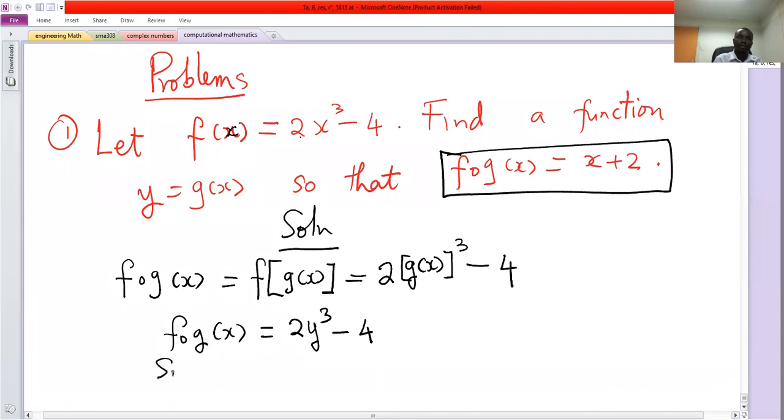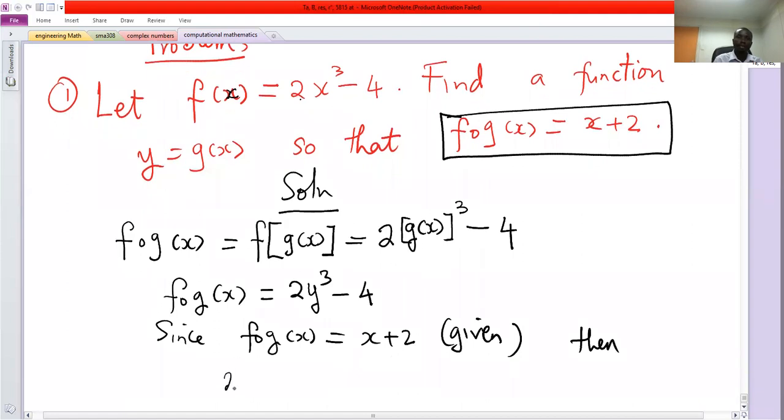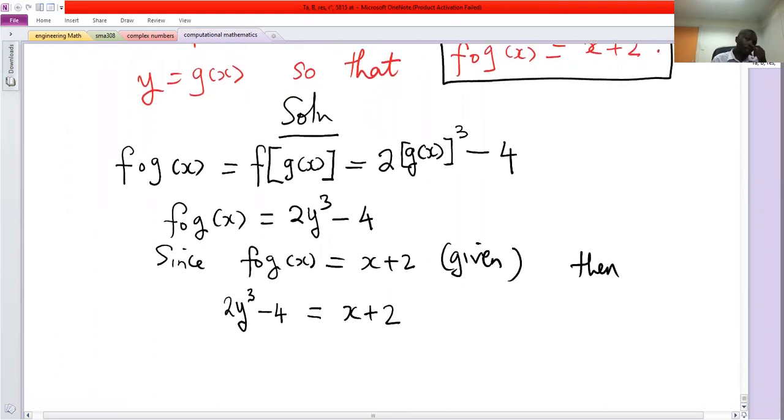So since f composed with g is x plus 2, this is given, then 2y cubed minus 4 should be the same as x plus 2. Because this is the result and this is what we have been given. So those two should be the same.